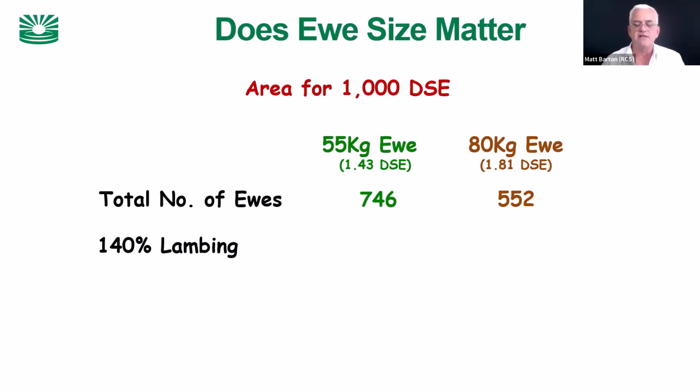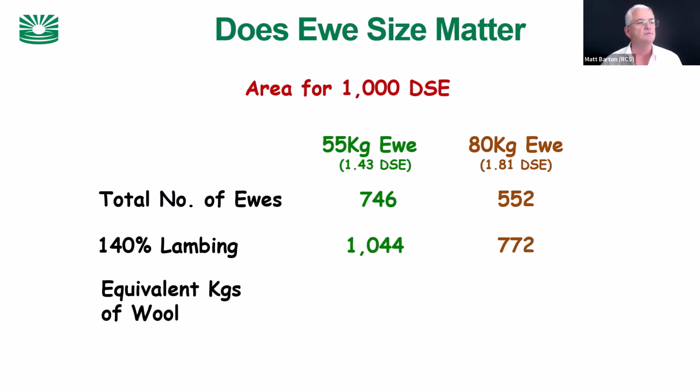Both of these studs are highly fertile. They're merino studs, and they're really concentrating on their fertility, amongst other things. And they're both producing about 140% lambing. So the 55 kilo ewes produce 1,044 lambs, and the 80 kilo ewes produce 772 lambs.